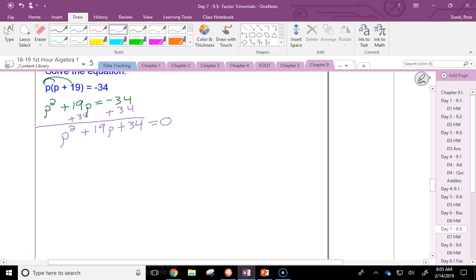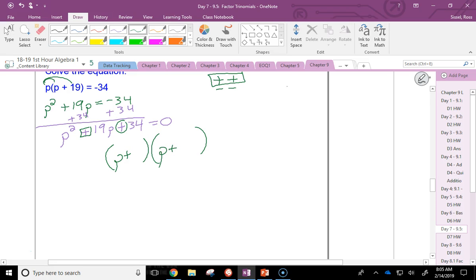The C term is positive. Because the C term is positive, I'm either going to add or use two negatives. So I'm going to have P and P. To decide whether I use positives or negatives, we look at our B term. B was positive, so we have to use our positives.